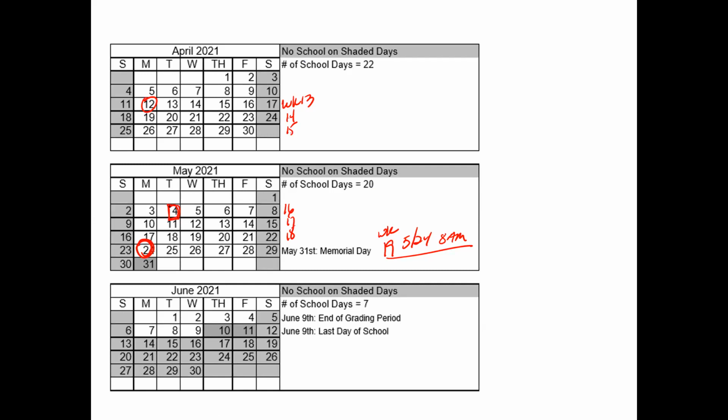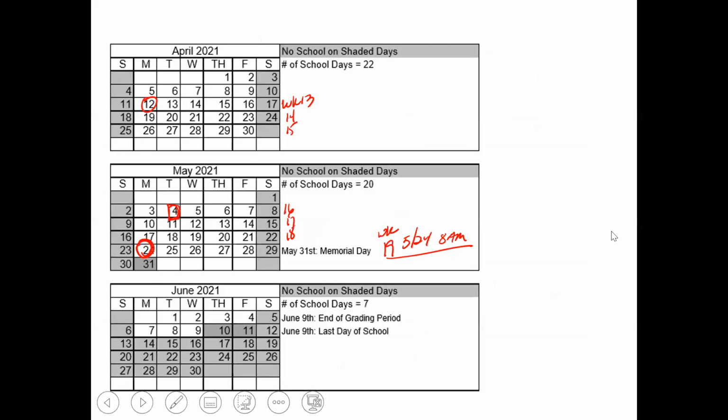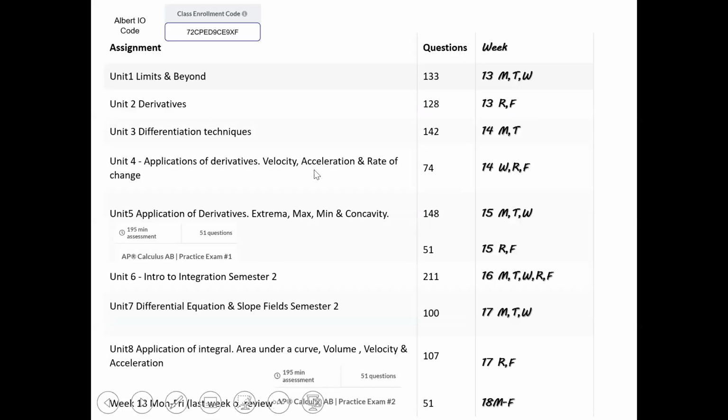So with that said, the breakdown is going to look like this. Albertio is now going to be your new Math Excel. So your homework assignments will be on Albertio. Every week you will get points assigned based on what you do. For Unit 1, you have limits and beyond, so we're kind of reviewing back to limits again.